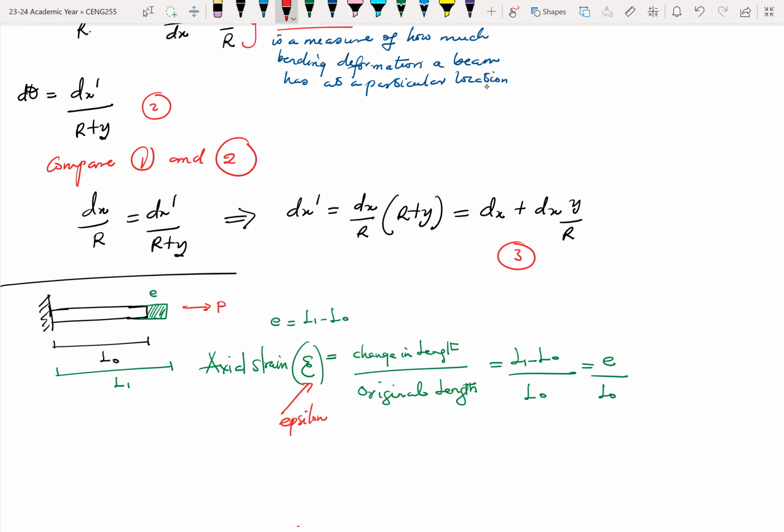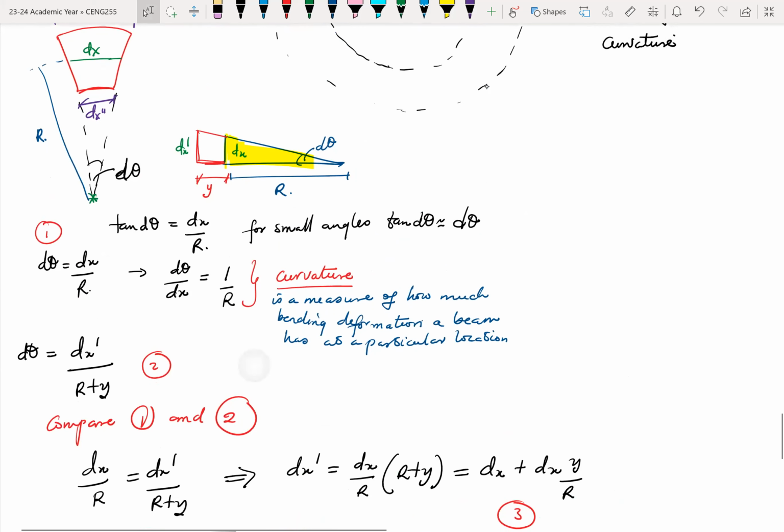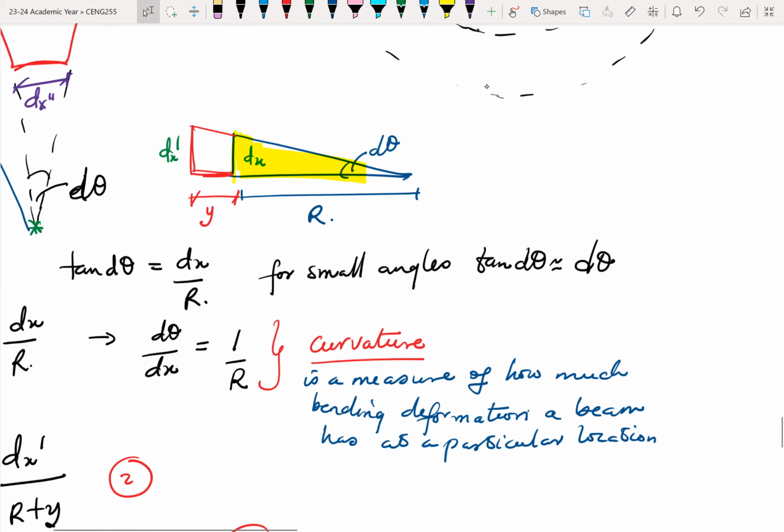I can come back into the space. If this is my original length, the X, the original length before the beam deformed, and then the X prime is my new length, then I can use that concept to find the axial strain.